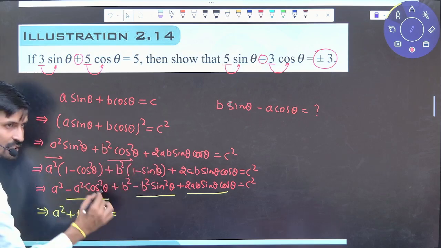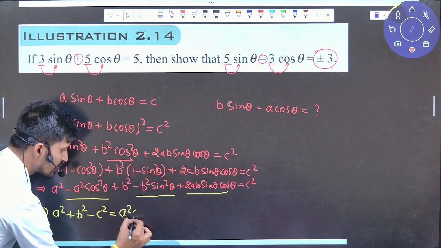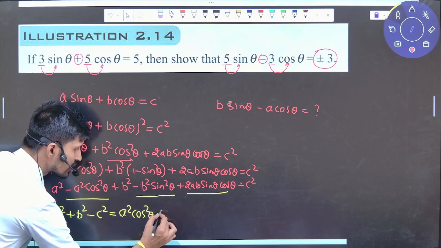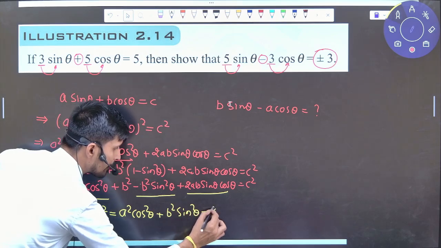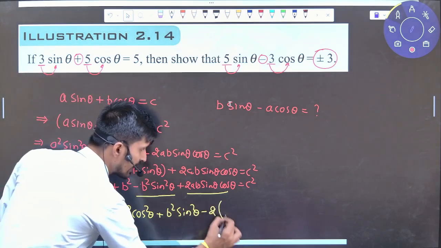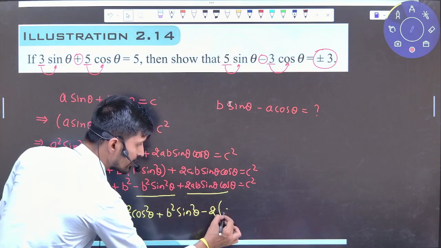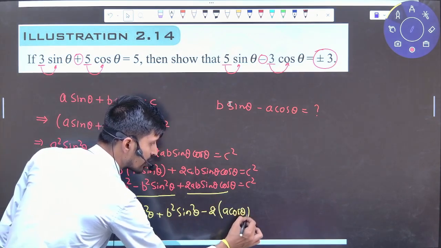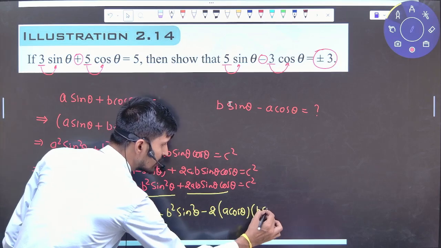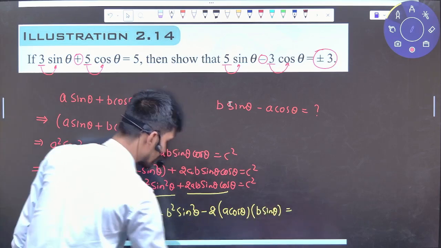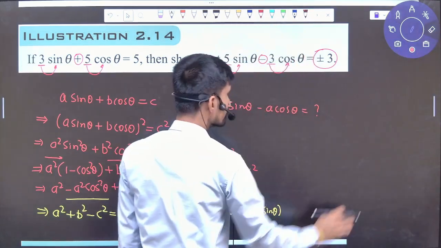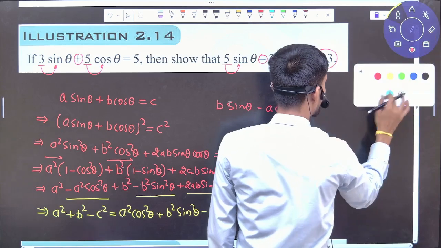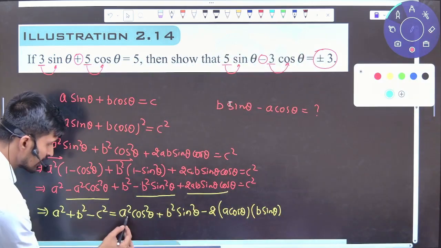And these three terms will go to that side. a square cos square theta plus b square sin square theta minus 2ab. Now see, a I am writing with cos theta, and b I will write with sin theta is equal to, no, not equal to, only this part. Now, a step proved. Can you see this?